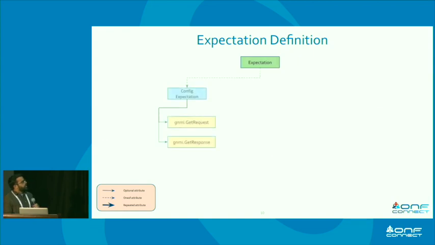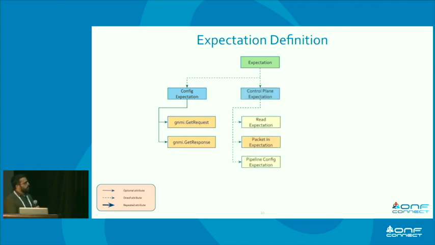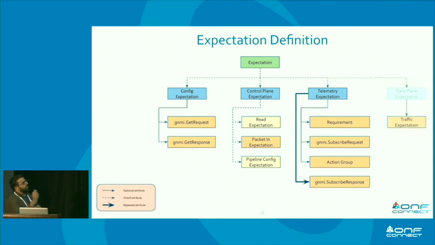Similar to actions, expectations also have gNMI get request and response, and control plane to read the flows that we have written, or packet in operation or pipeline config. Data plane we use to verify the traffic is coming to a certain port that we are testing. And I'm going to come back to telemetry.